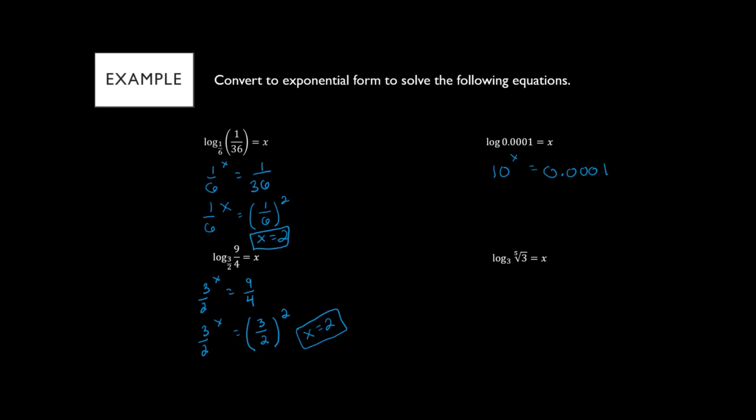You count the zeros here, and you have to include that 0 in front of the decimal, because if you don't, you get the wrong number. So when the zeros are in front of the number, it's a negative exponent. So I've got 4 zeros here, so this is going to be 10 to the negative 4. So then this means that x is equal to negative 4.